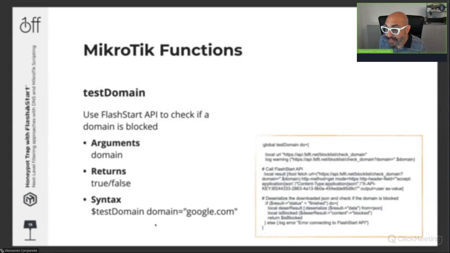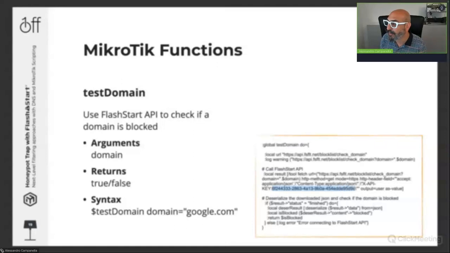So the test domain function is used to call the FlashStart API. Yes, we can use MikroTik and fetch tool to call APIs, for example, the FlashStart one. This is my key.